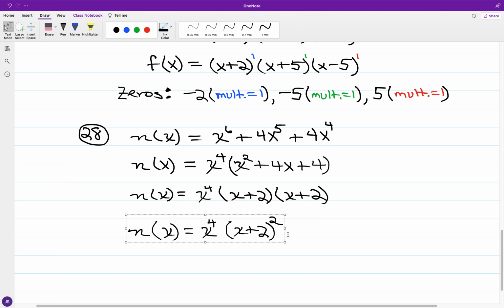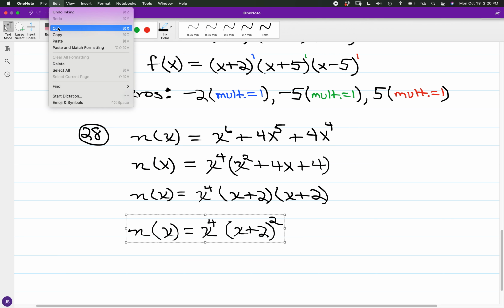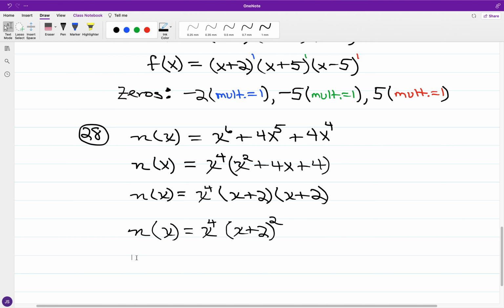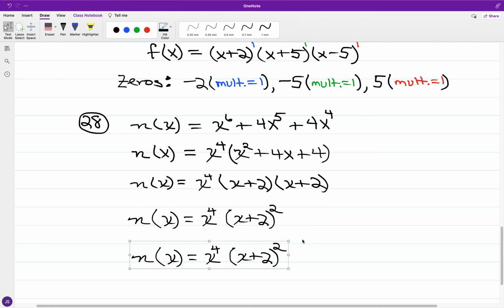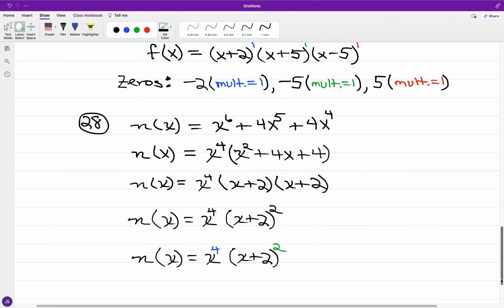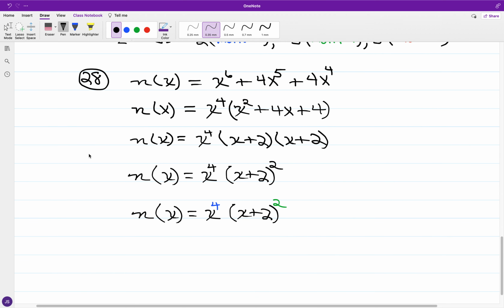Again, just looking at the zeros and the corresponding multiplicities. All right. So you're going to have x raised to the fourth and x plus 2 raised to the second. So we have two distinct variable factors in x.